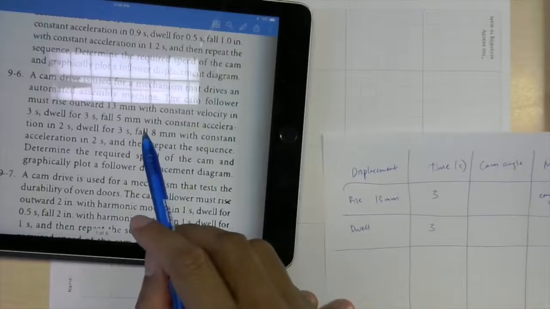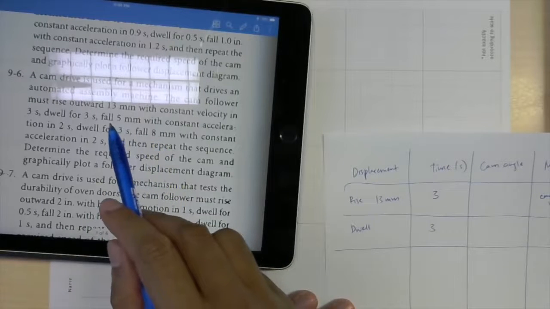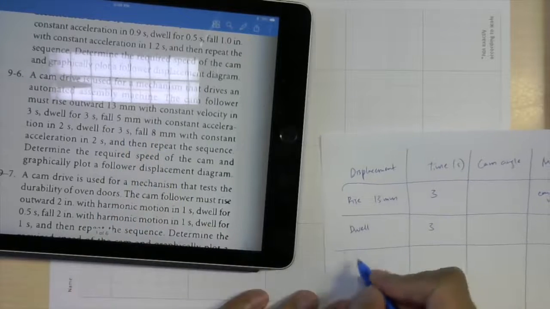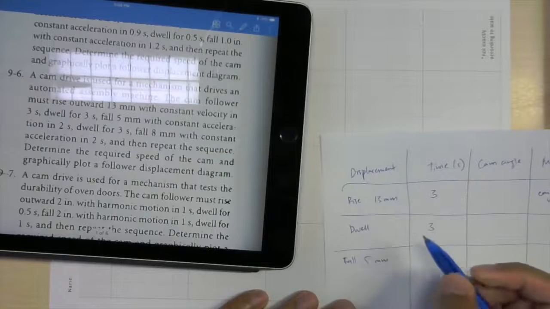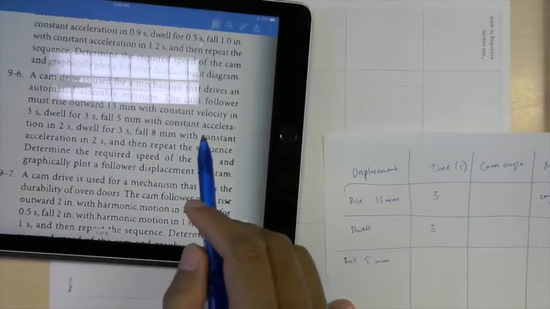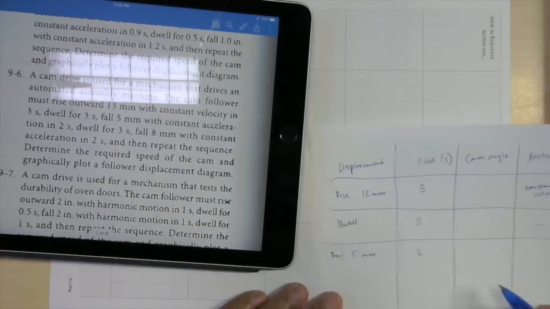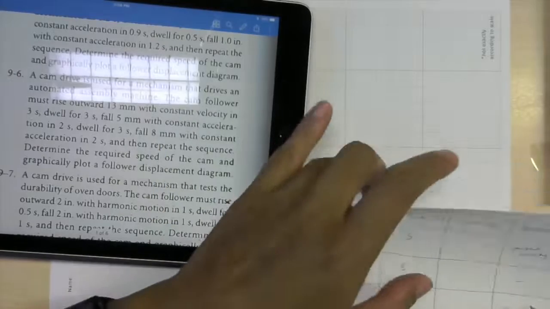Then from there fall 5 mm. Constant acceleration in 2 seconds.